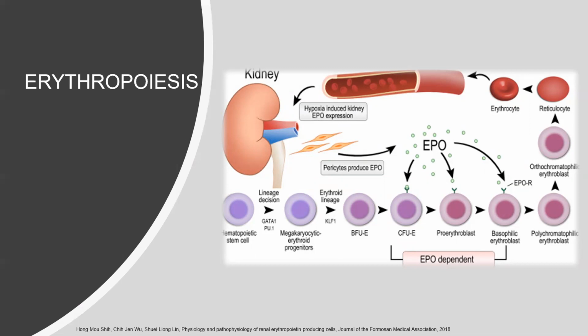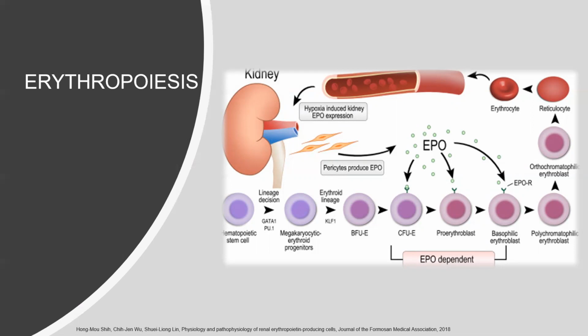And as I've told you before, when the blood is hypoxic, which means that there's a reduced partial pressure of oxygen, such kind of blood goes to the kidneys. This is detected by renal interstitial peritubular cells that start EPO production, right?